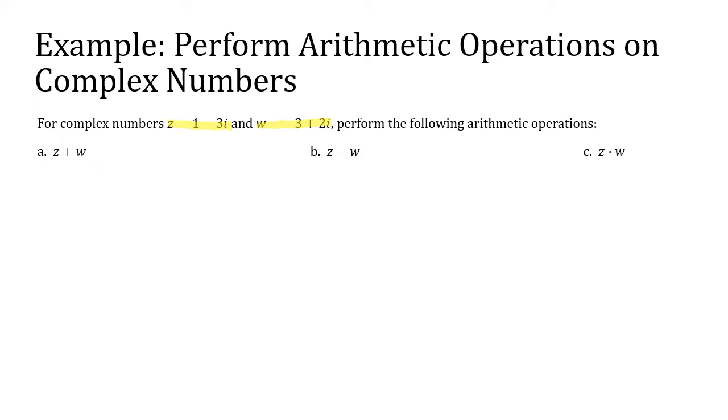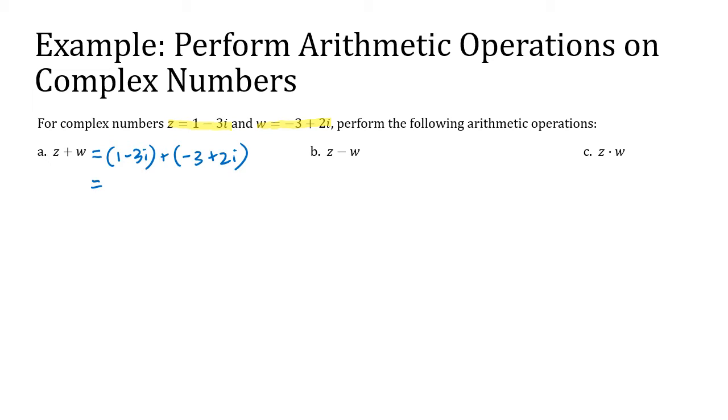I'm going to use the complex number z, which is 1 minus 3i, and I'm going to add to that the complex number w, which is -3 plus 2i. Now, I can probably just look at this really quickly and see what parts are like terms, but I'm going to go ahead and write out all the steps.